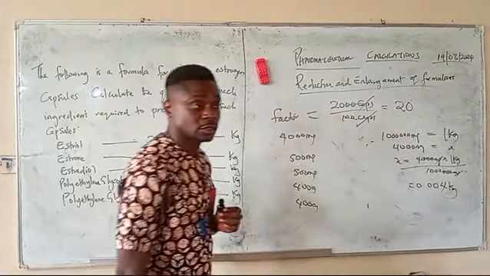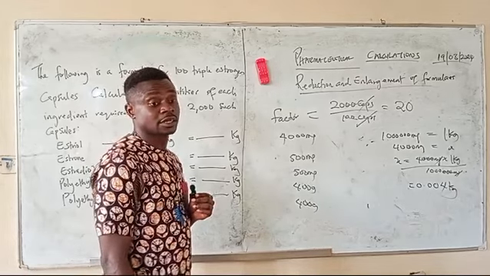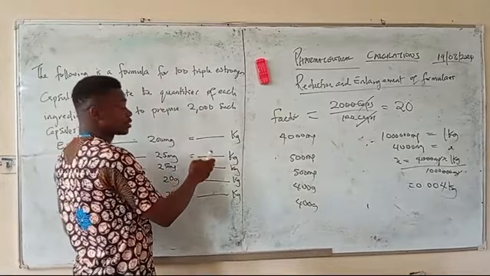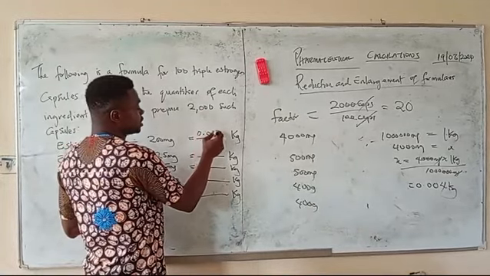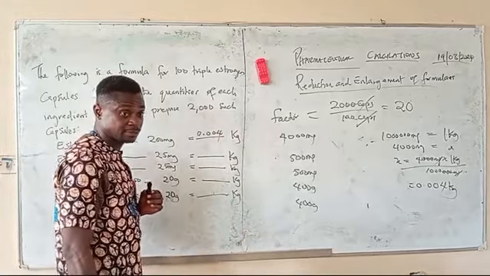True or false? Punch the calculator. Is it correct, right? So here should be 0.004 kilogram. Am I communicating?